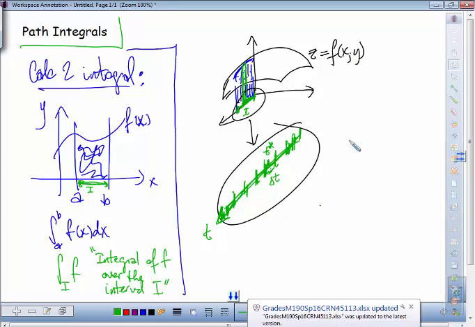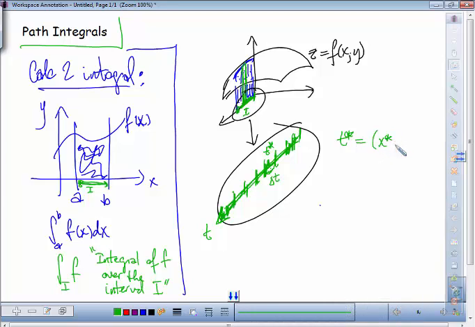So maybe the t star would have a corresponding x and y value, and that is what's going to go into the function. And it goes into the function, it'll give me a height. So the height is going to equal f of x sub i star, y sub i star. I'm throwing a subscript in there because there's a bunch of them.